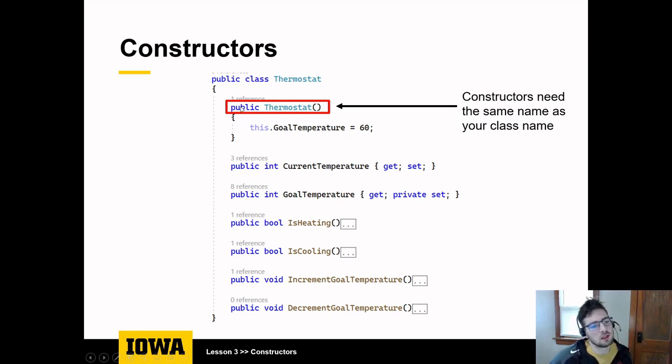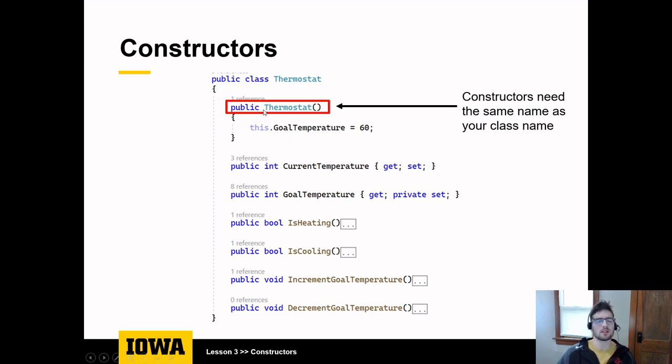So public Thermostat, open close parentheses. If we think about the constructor as a special kind of method, we said before that all methods need a return type or need to be associated with a type, and we don't have one here.